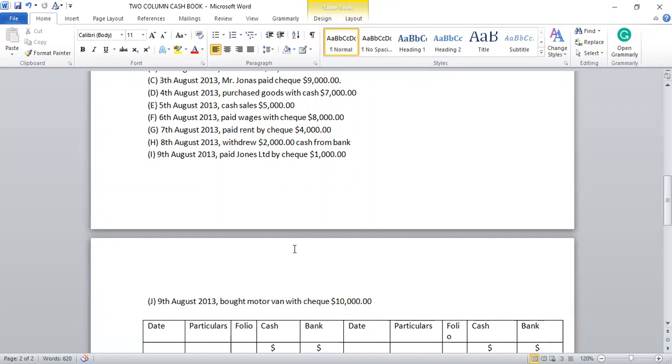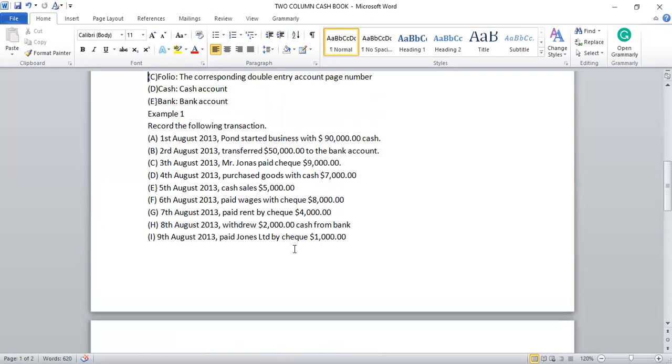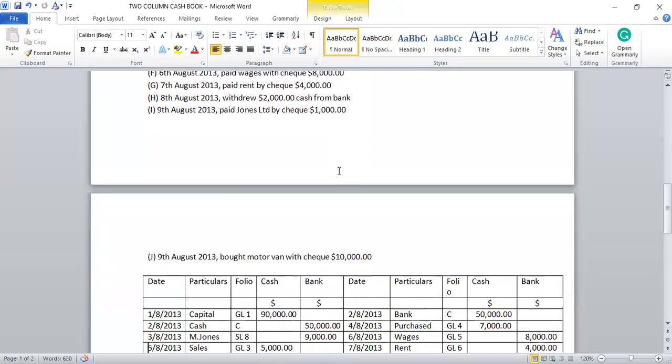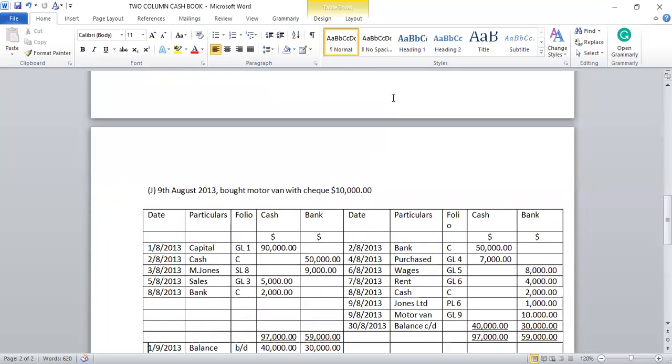So let us see how we are going to record this in the cash book. Okay, so the first transaction, 1st August 2013, Pound started business with $90,000 cash. So it should be debited. So this is the cash book. It shows the date, particulars, folio, cash, bank. That's on the debit side, and on the credit side, date, particulars, folio, cash, bank.